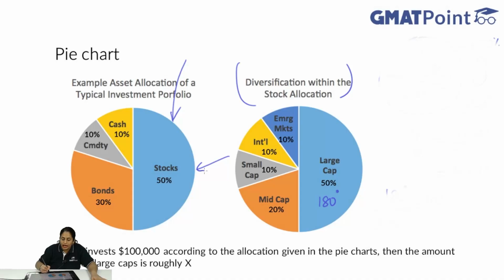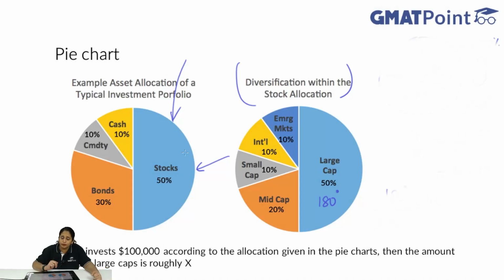Of the stock allocation, there is no single stock that you are putting in. You are putting half of that in large cap, 20% in mid cap, 10% in small cap, 10% in international equities and 10% in emerging markets. So within this 50%, if I expand how it is being split up, this is how it is split. This pie chart shows you the allocation across a portfolio.